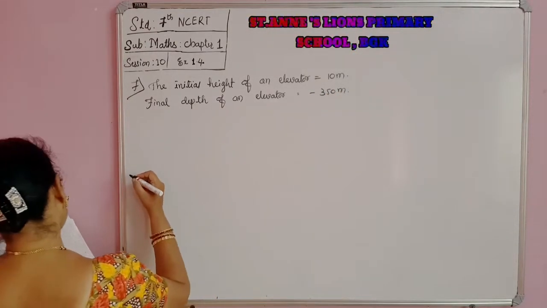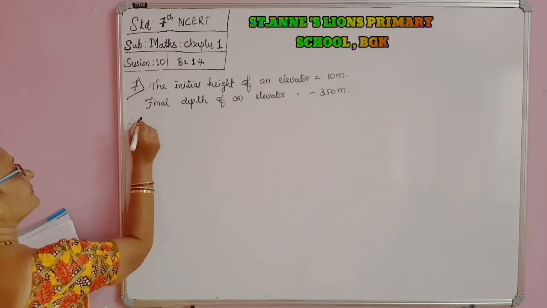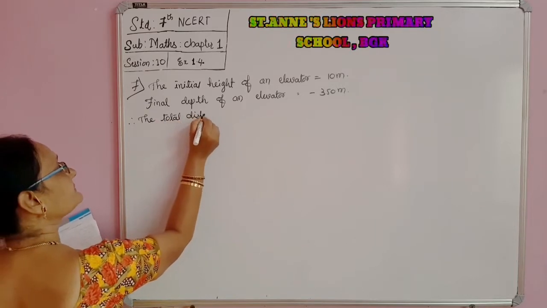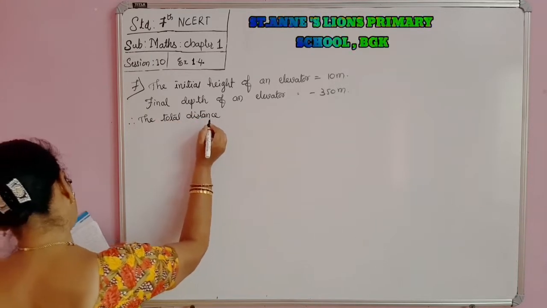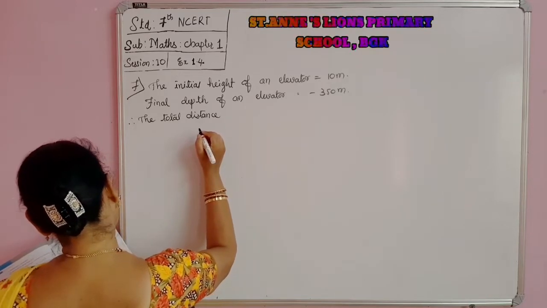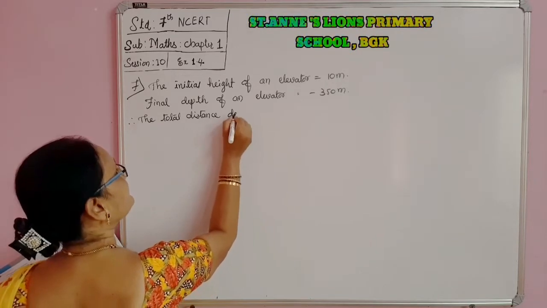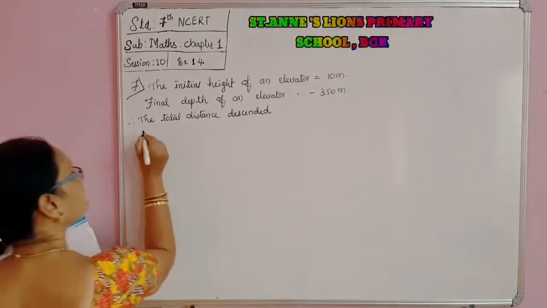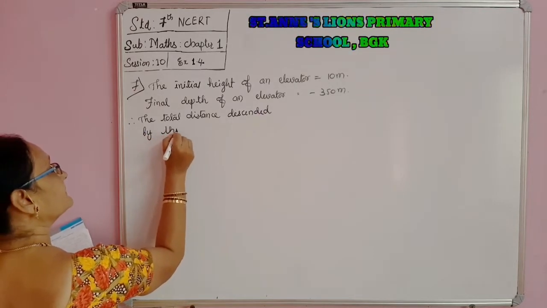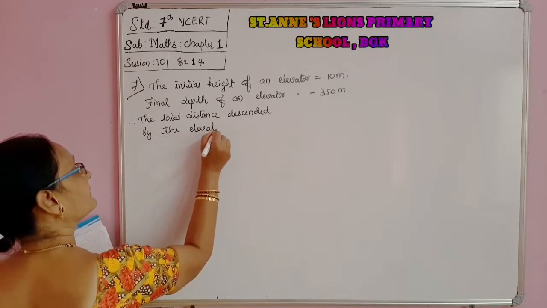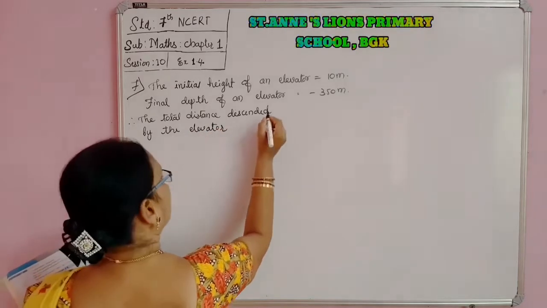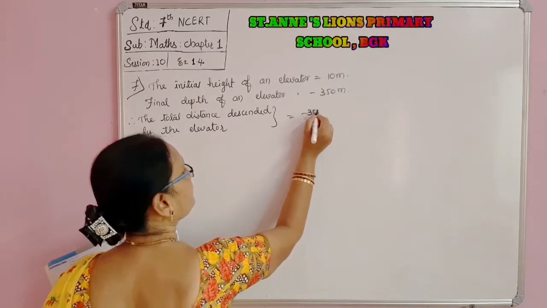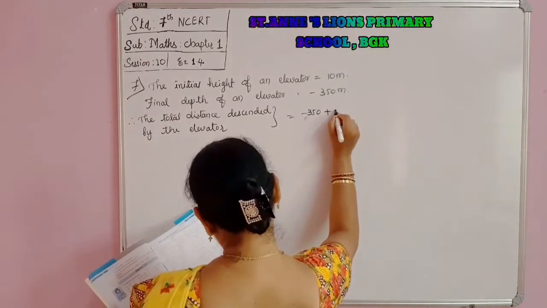Therefore the total distance descended by the elevator is equal to minus 350 plus minus 10.